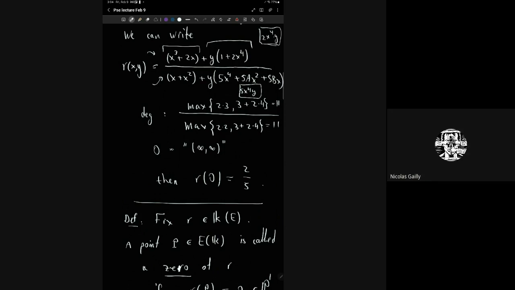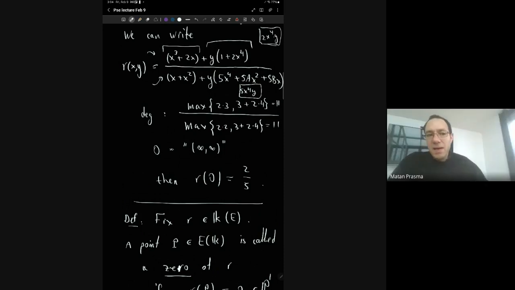So it's because you have the same degree on top and bottom that you look at the highest monomials. Exactly. And I needed a notion of degree for the other cases, or in fact also for this case. Okay. Thanks.